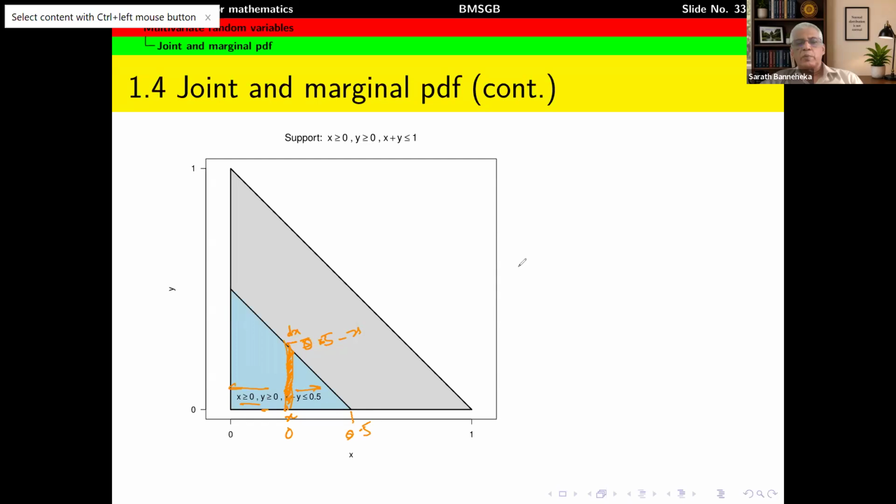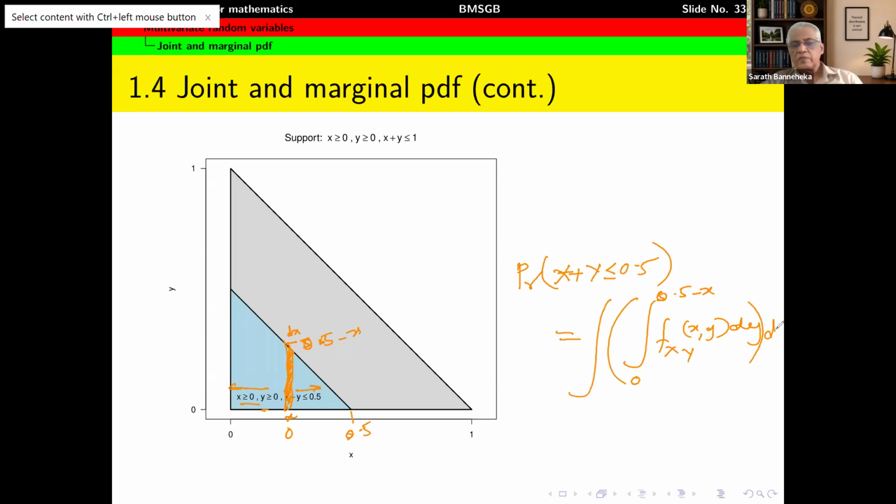So therefore, the probability that x plus y is less than or equal to 0.5 can be obtained by integrating the joint density f(x,y) with respect to y first, dy, where y goes from 0 to 0.5 minus x, and then I have to integrate with respect to x.